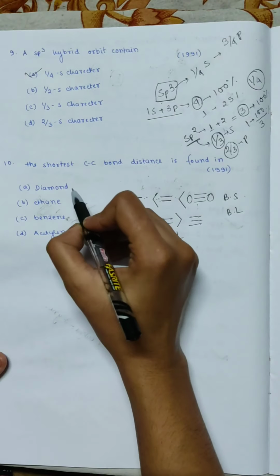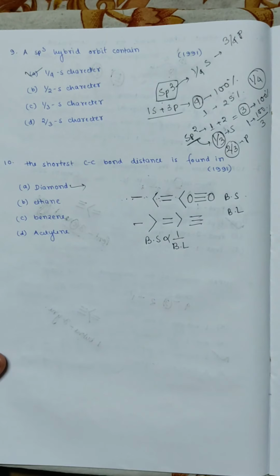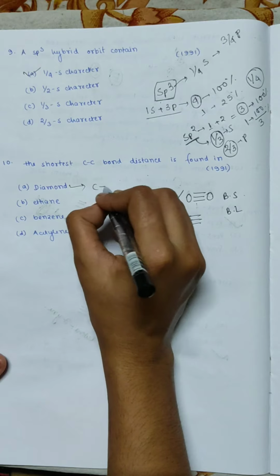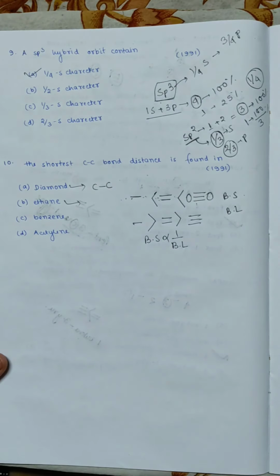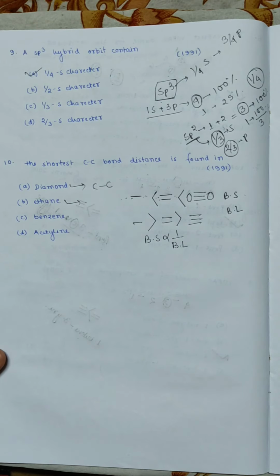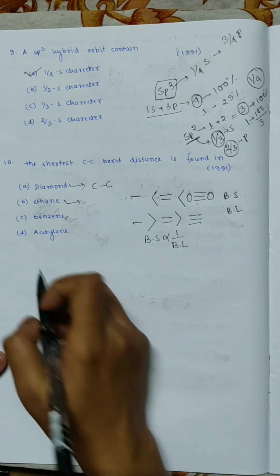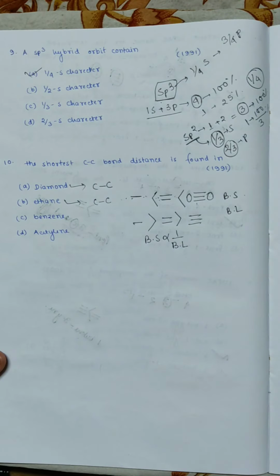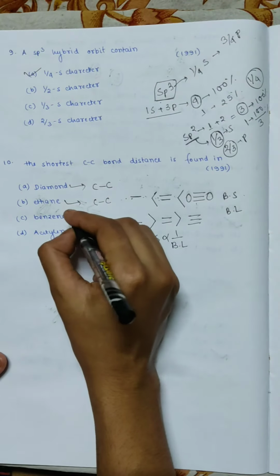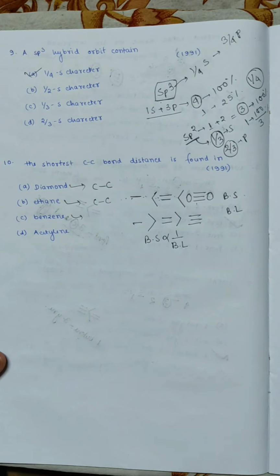Let me just come to diamond. In case of diamond, it is an allotrope of carbon which has carbon-carbon single bonds. Next, coming to ethane. In a homologous series, ethane belongs to the alkane series, which has the formula CnH2n+2. So in this case as well, we can only see carbon-carbon single bonds. In case of benzene, we can see both.